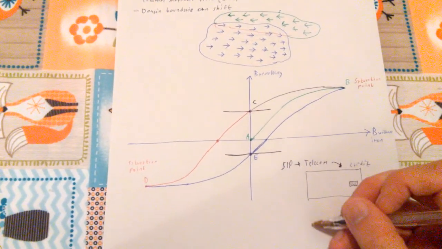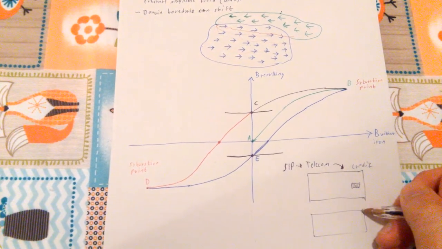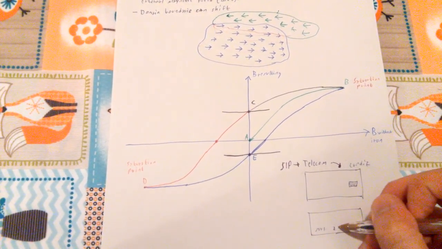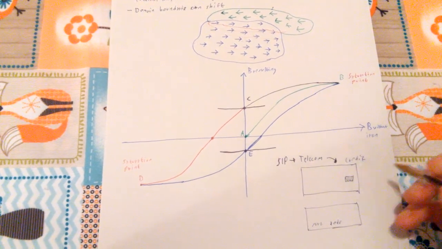But also credit cards, with your sort code and account number and so on.